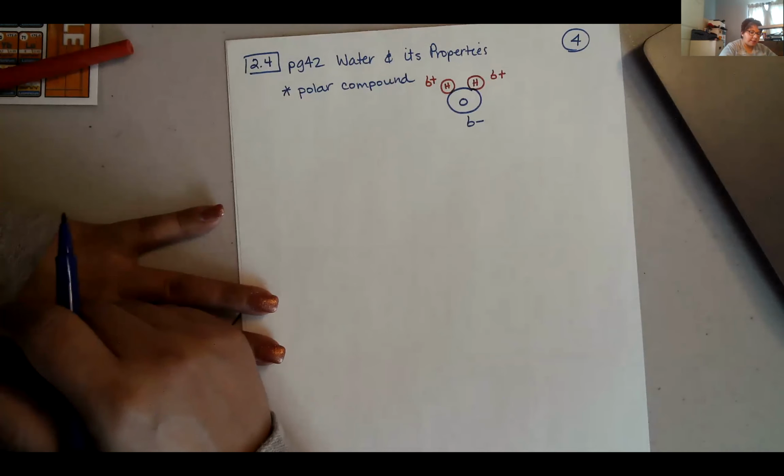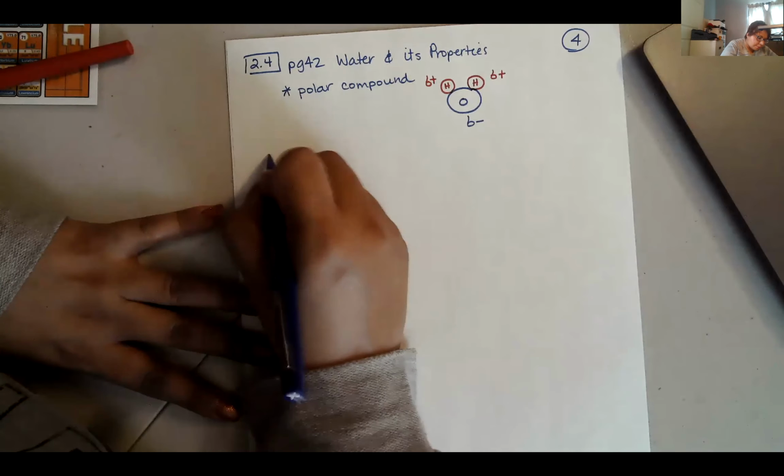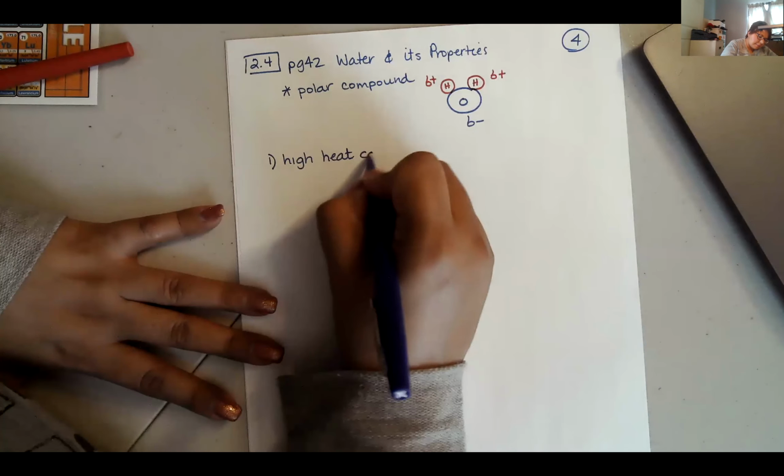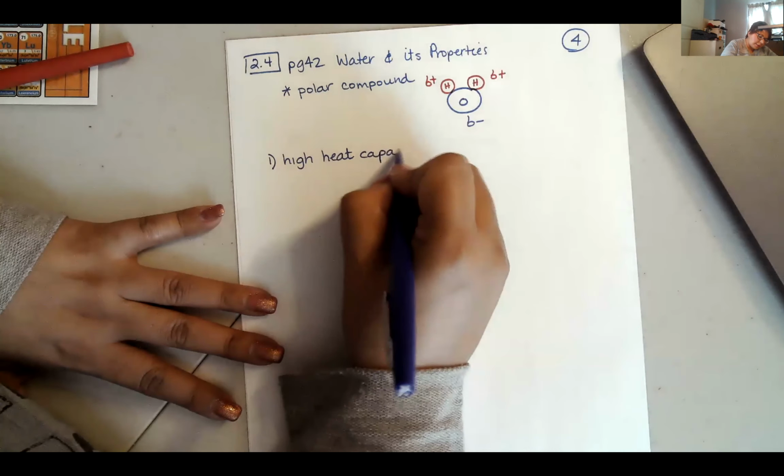So one of the things about water, and I'm going to change the terminology in your book, is that water has a high heat capacity. Your book doesn't call it this, but I'm going to call it that.